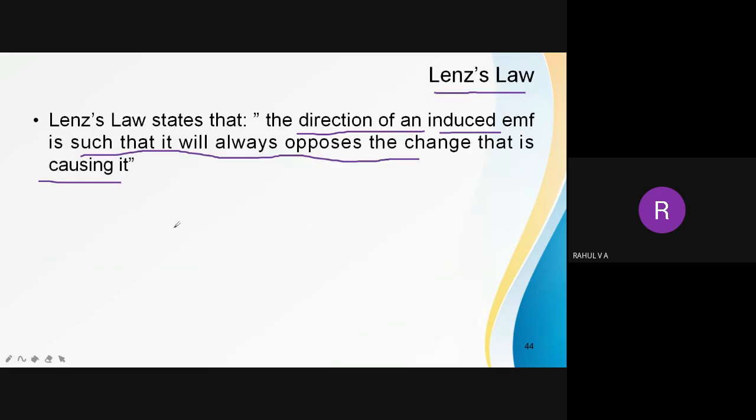So you can take the equation of second law, that is n d phi by dt. The direction of this induced EMF is to oppose the cause producing the change in flux. So you have to put a minus sign here. This is the opposite direction. It always tries to oppose the change that is causing the production of induced EMF.